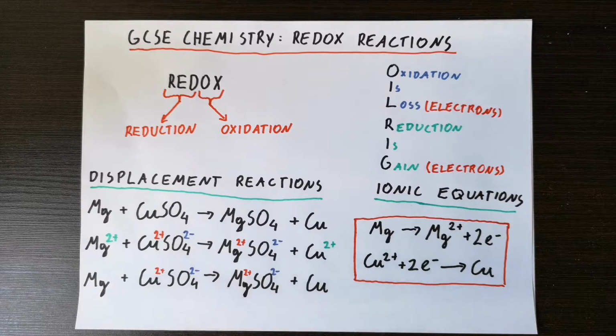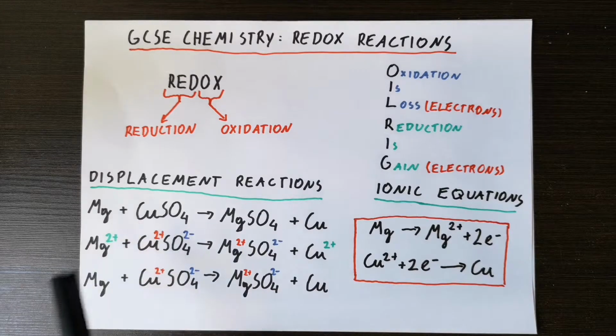So, a very good example of a redox reaction is a displacement reaction. Those are reactions between a metal and a metal salt, where one metal essentially gets replaced. The salt detaches from one metal to the other, dependent on the reactivity series, which we also covered before.